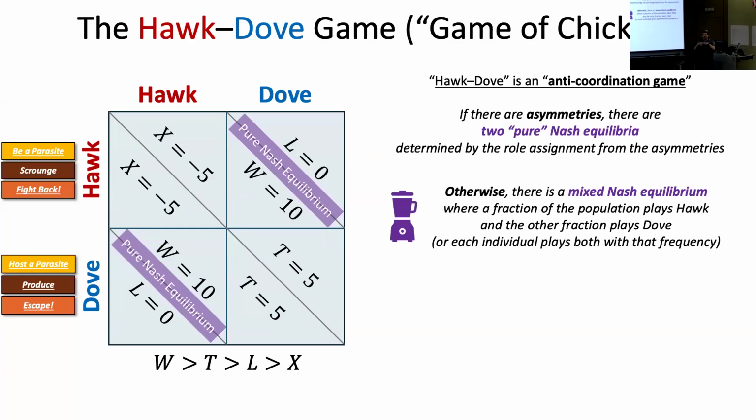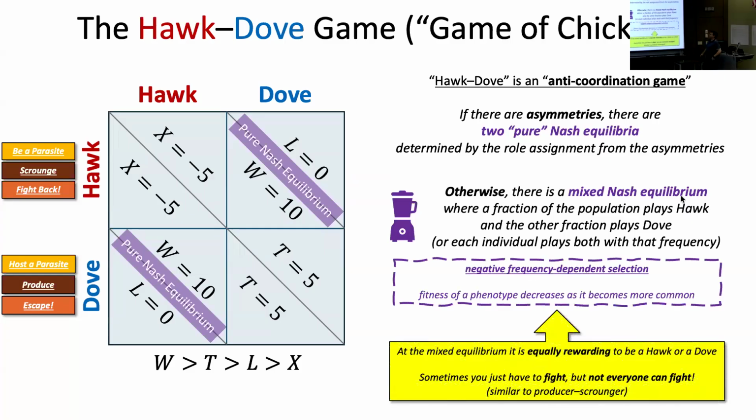Or alternatively, an individual splits their time, sometimes being a hawk and sometimes being a dove. This is exactly what we saw in the producer-scrounger game. So this goes to that negative frequency dependent selection. When no asymmetries drive behavioral roles, the population will often drive the behavioral roles.